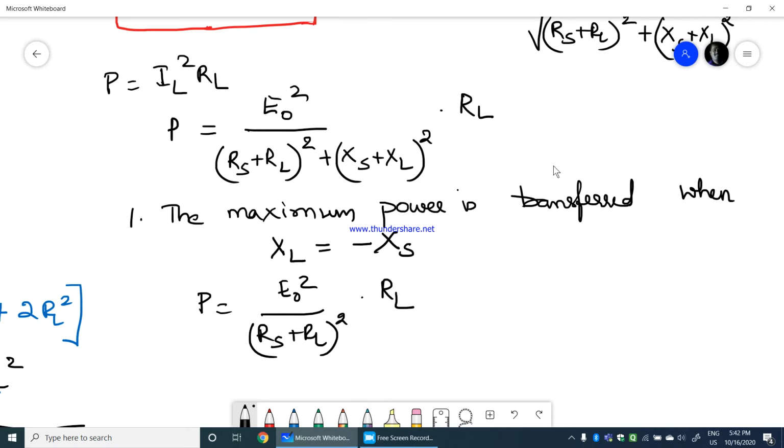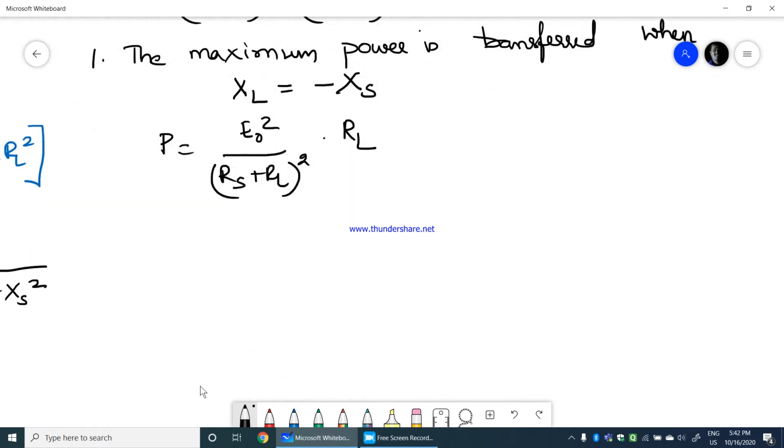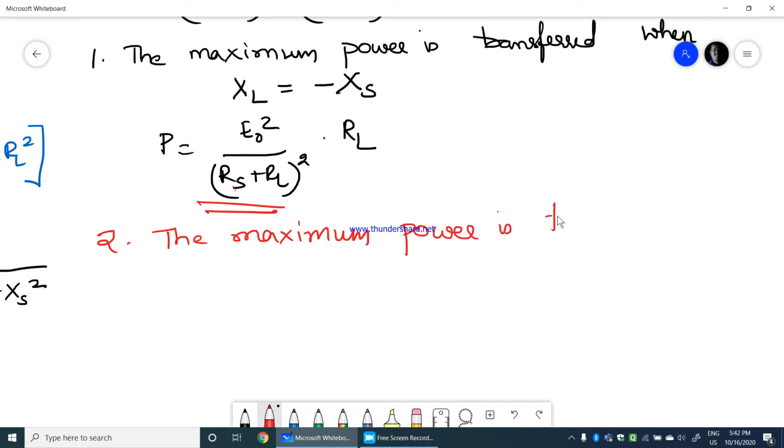Now this entire equation is the same equation we got in the first derivation which we did in this video. So again the second condition here would be that the maximum power is transferred when RS equals RL, when the source resistance equals the load resistance.